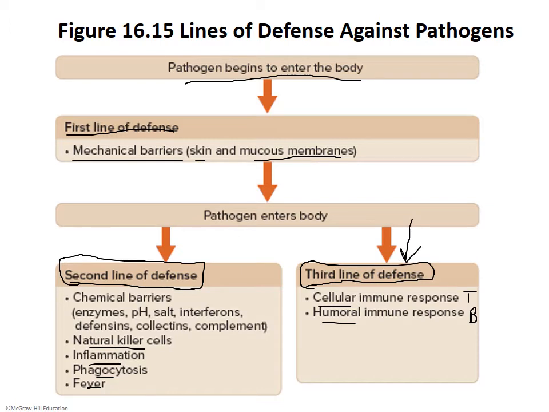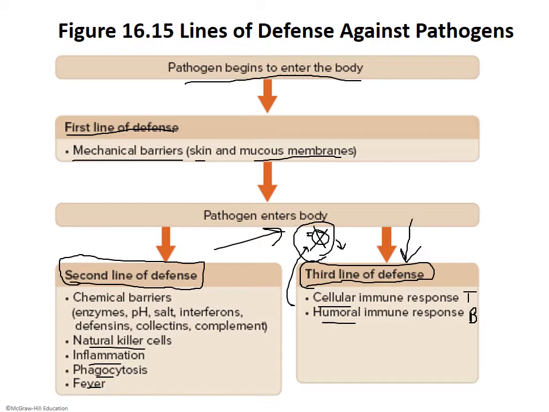And what happens is, if I have an unknown pathogen that gets in, my body is going to attack it. This is going to attack it all the same way, but these cells are going to try to capture it, and they're going to look at this little thing that we call an antigen, and they're going to analyze it, and from that point on, they know what this cell is and the method we would have to take in order to kill it.